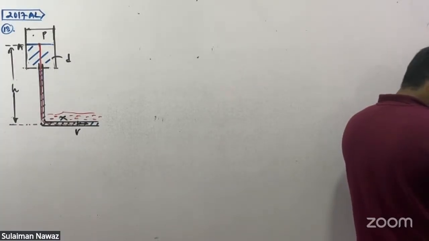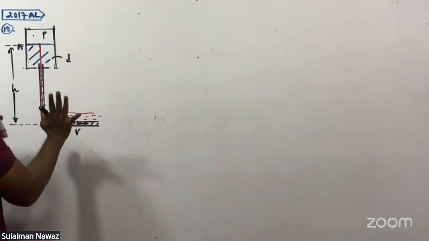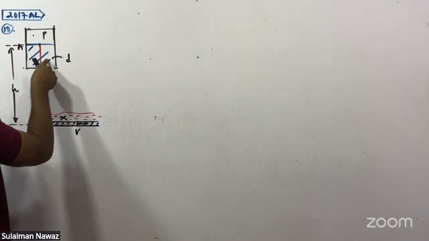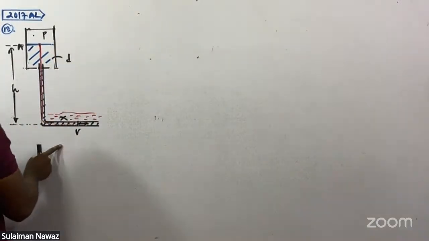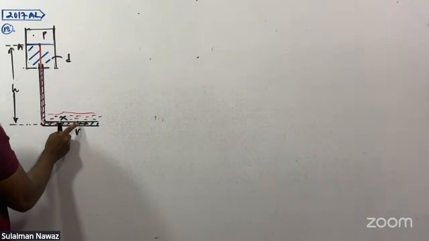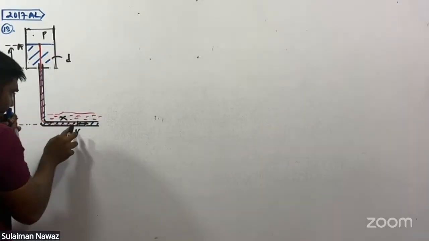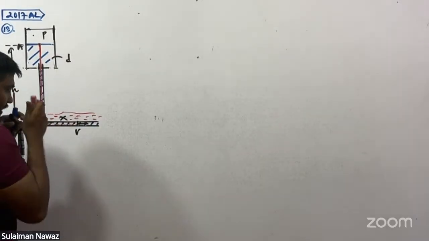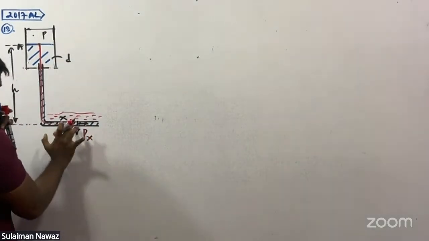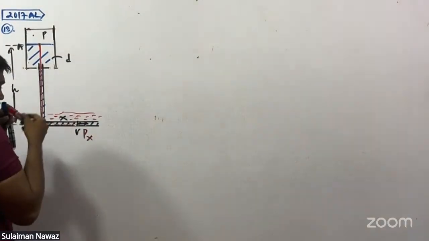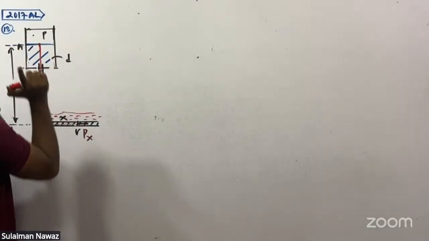There's a large tank, and a liquid is passing through this narrow tube. The velocity of the liquid at point capital X is V. There's a small crack here. Let's say the pressure at point capital X, I mark it as Px. Shall we find this Px in terms of the given data, maybe V, D, P, H?